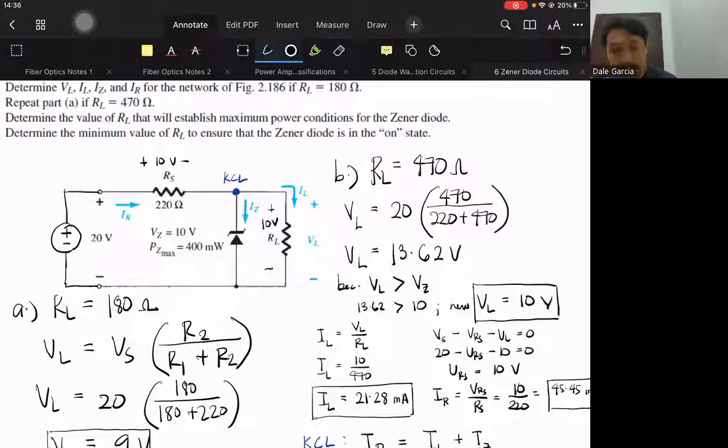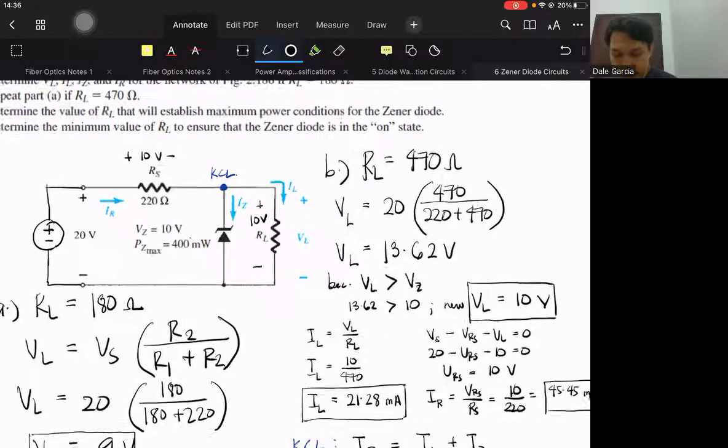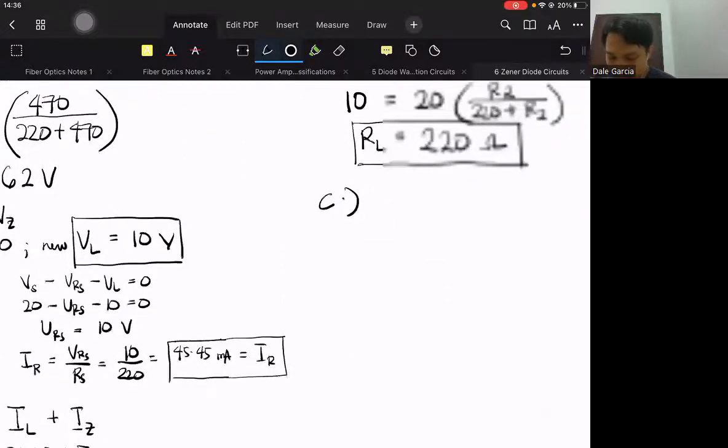That is the maximum power that the Zener diode could withstand, so we first obtain IZ max.